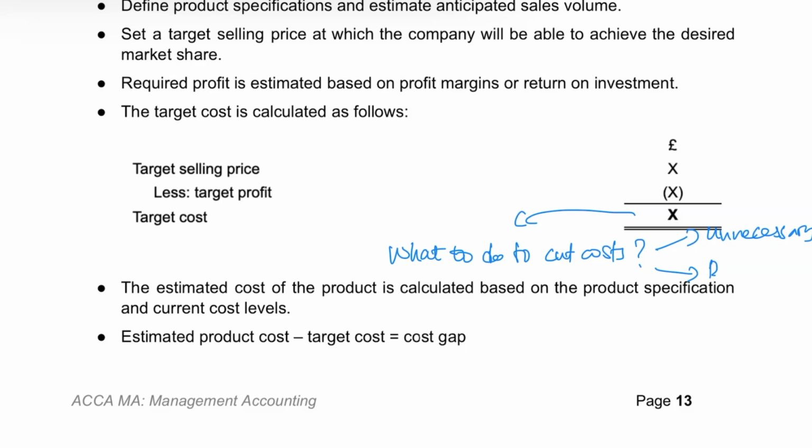We might re-engineer the product a little bit to decide what kind of materials we're going to use to eliminate or minimize cost. Of course, we need to remember that quality or value needs to be kept. We cannot compromise quality. We cannot compromise value in order to meet the target costs.